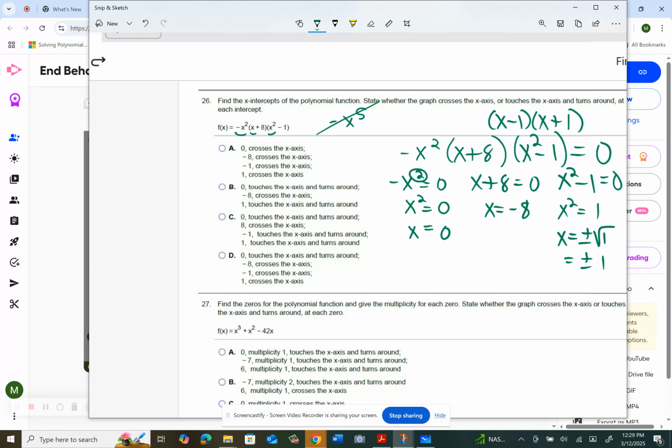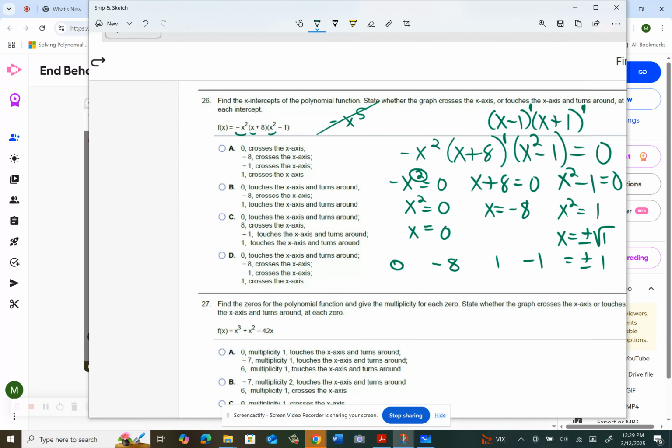And so we're basically asked whether it's going to pass through the x-axis there or whether it's going to touch and turn or bounce. So think about each of these. Think of the 0, the negative 8, the 1, and the negative 1. Think about the multiplicity of each of those. So the factored form actually helps you a little bit, I think, on this one to see it.